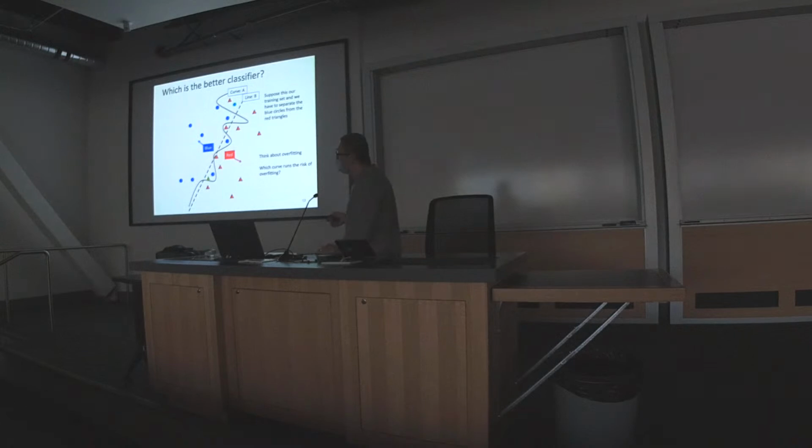And then the problem is that next time if I test on a new example here, and the ground truth is blue, because this curve is distorted due to the noisy label, the curve can only predict this as positive, namely the red triangle.